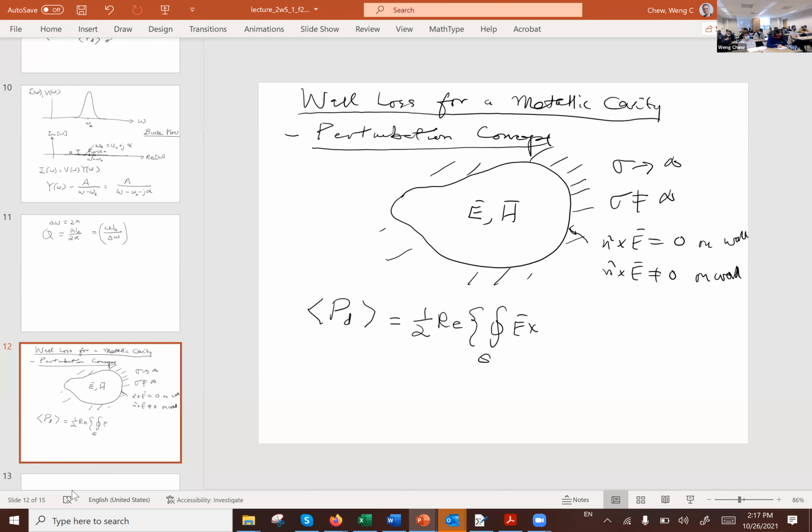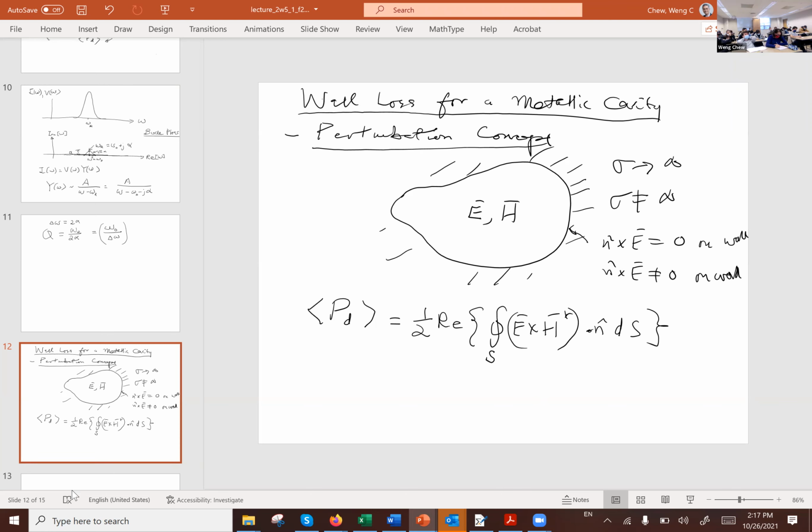If I know E cross H in this cavity, and if I know how to calculate E cross H on a cavity wall, and I take E cross H in this cavity, E cross H gives me the complex Poynting vector. It gives me the power flow inside the cavity. And on the cavity wall, that is what we do here, I will do this integration only on the cavity wall. That's what I mean.